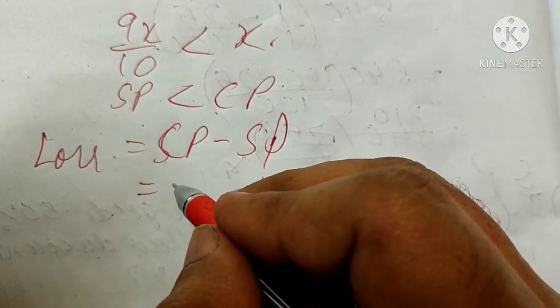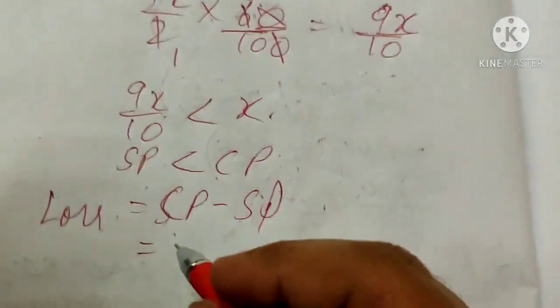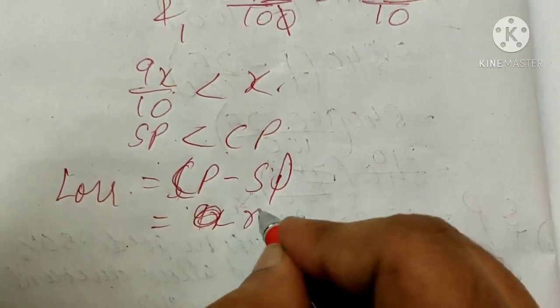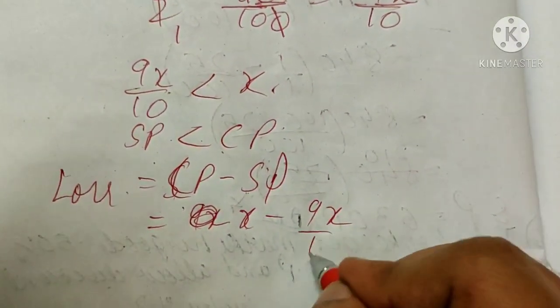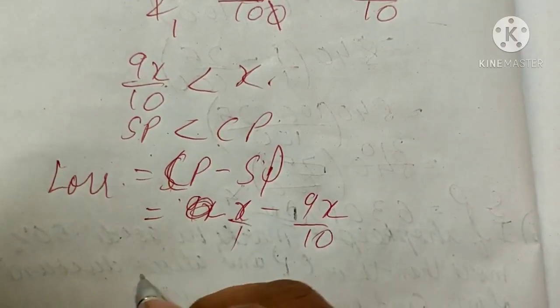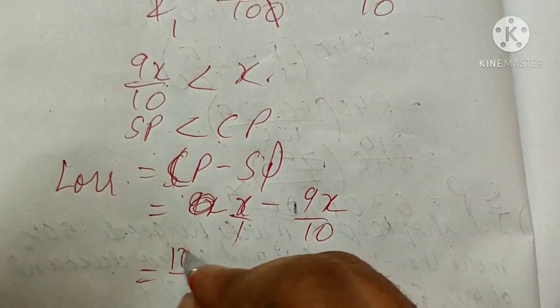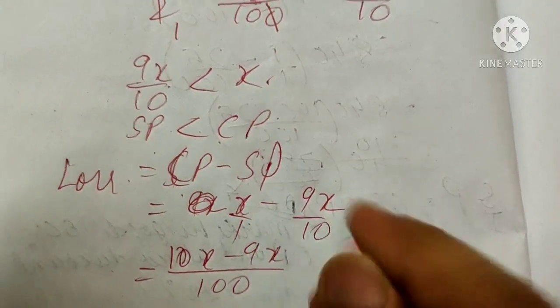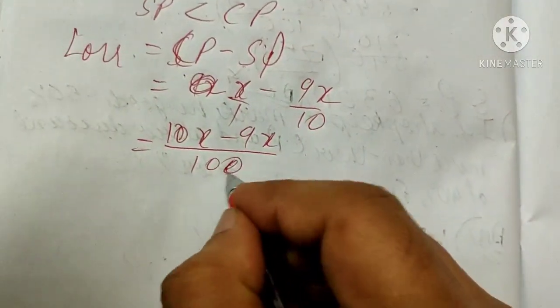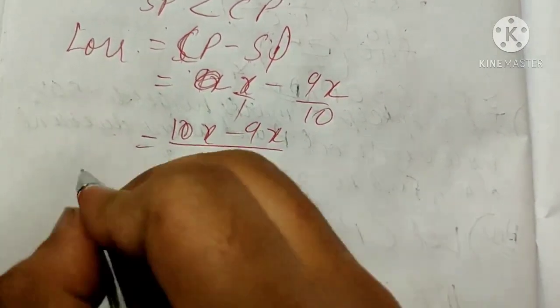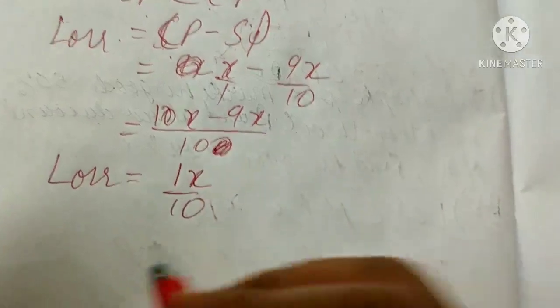Loss is CP minus SP. CP is X and SP here is 9x upon 10. Taking 10 as the LCM, 10x minus 9x upon 10, so it equals x upon 10. So loss is x upon 10.